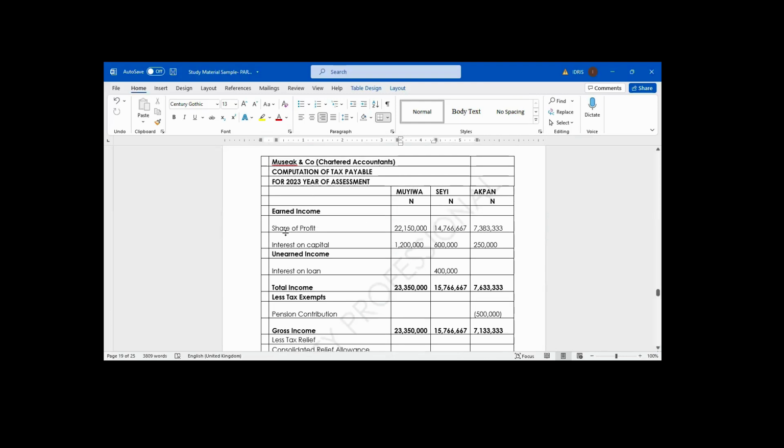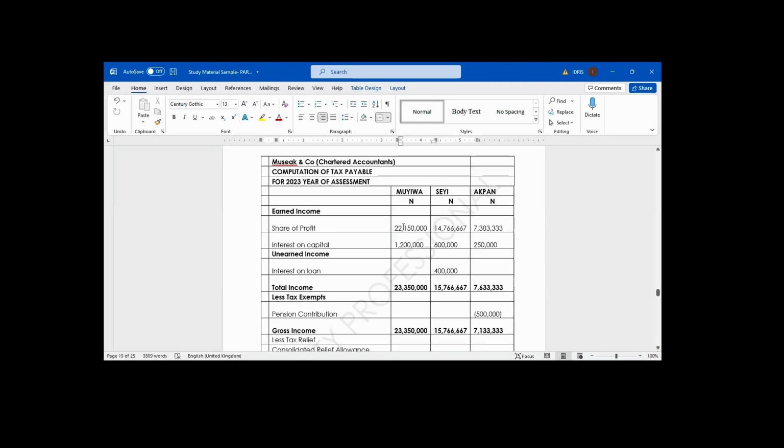They share profit. That profit share is an earned income.